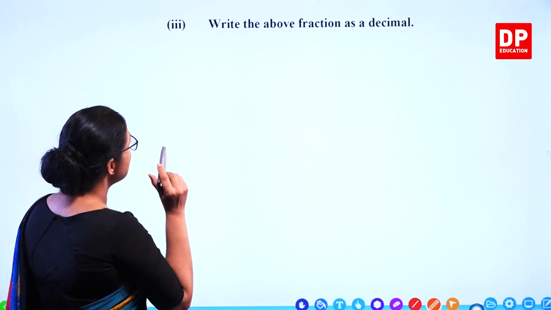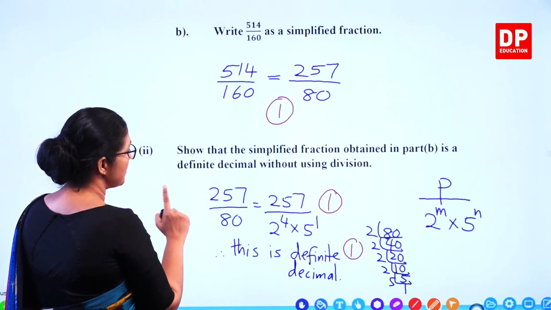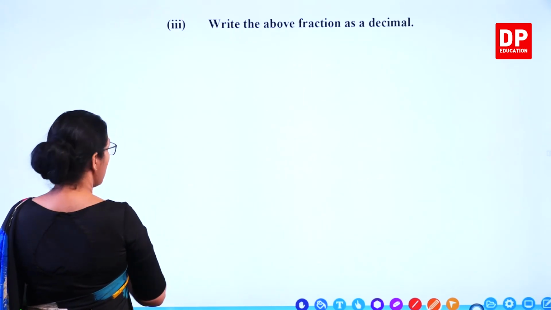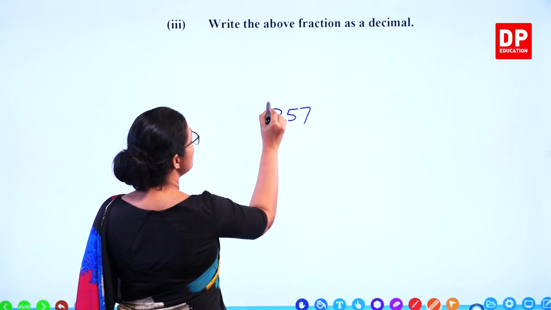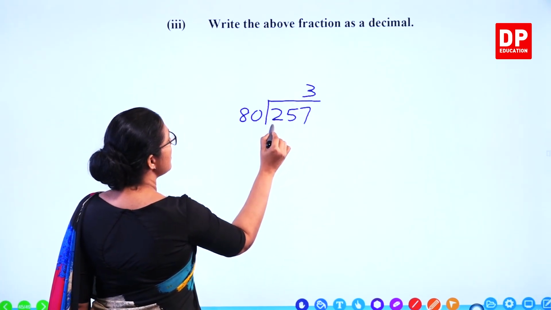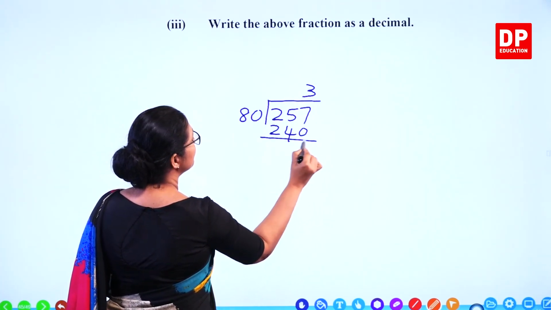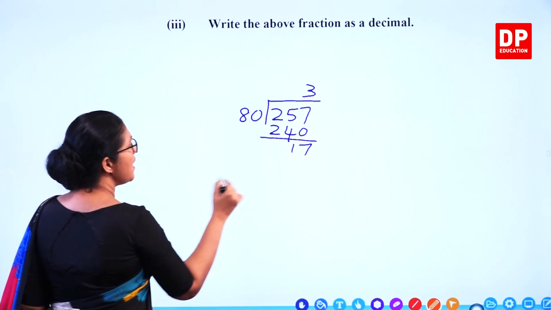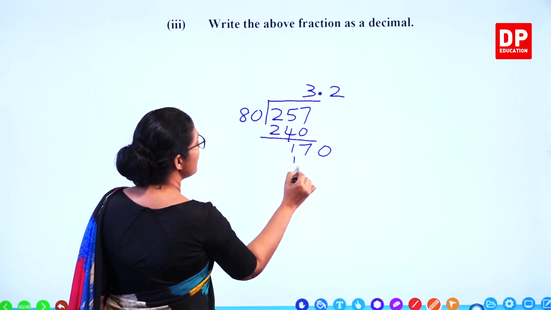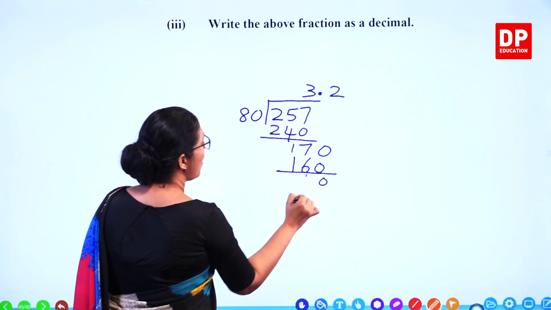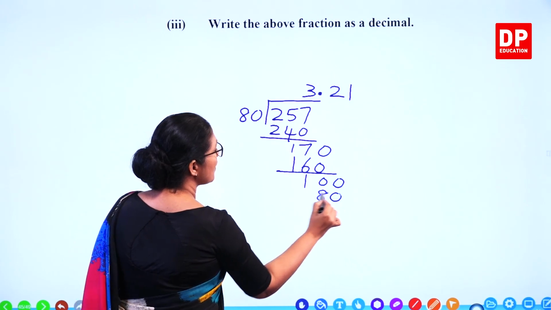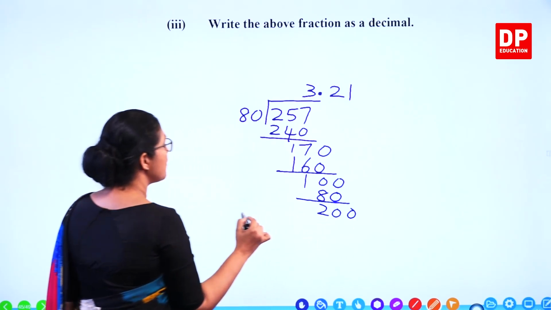Write the above fraction as a decimal. So what's the fraction? That's a definite decimal. So 257 divided by 80. We'll use long division. 80 times 3, 240. 17 remaining. 170, you get 2. 160. 10 remaining. 100, that's 1. 80, 20 remaining. 200.